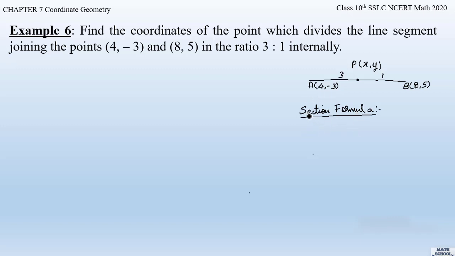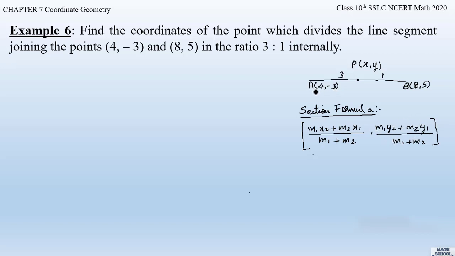The section formula is given by: x equals m1 into x2 plus m2 into x1 divided by m1 plus m2, and the y coordinate is given by m1 into y2 plus m2 into y1 divided by m1 plus m2. So this is the x coordinate and this is the y coordinate formula.